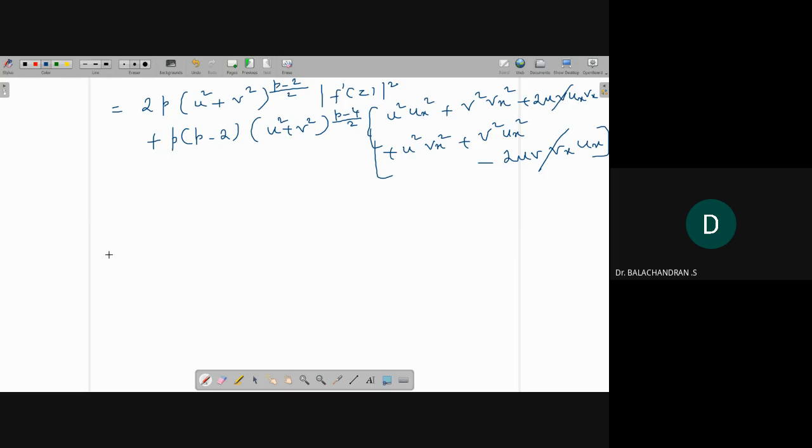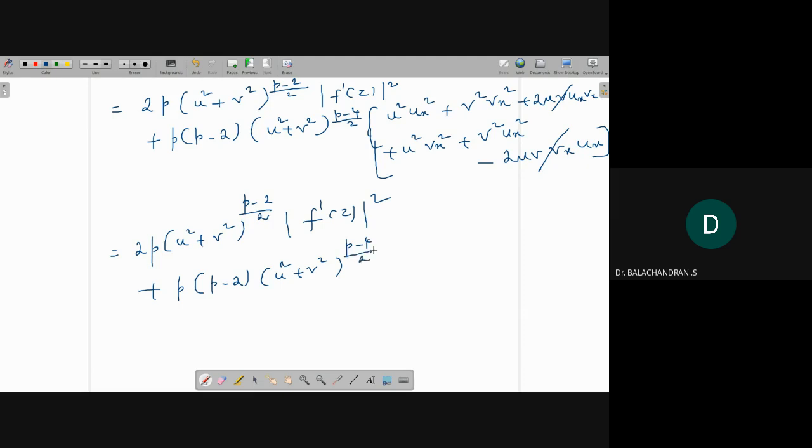So now this is equal to 2p(u² + v²)^((p−2)/2) |f'(z)|² plus p(p−2)(u² + v²)^((p−4)/2).